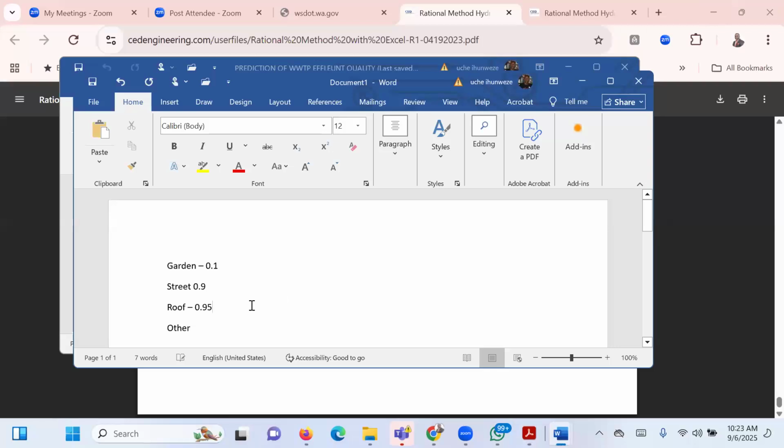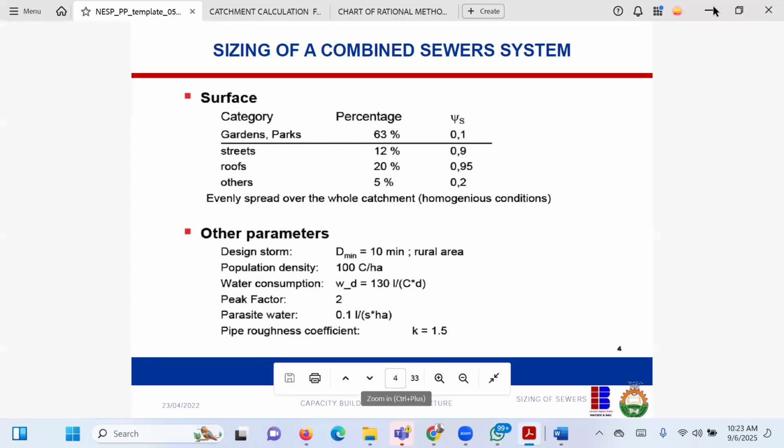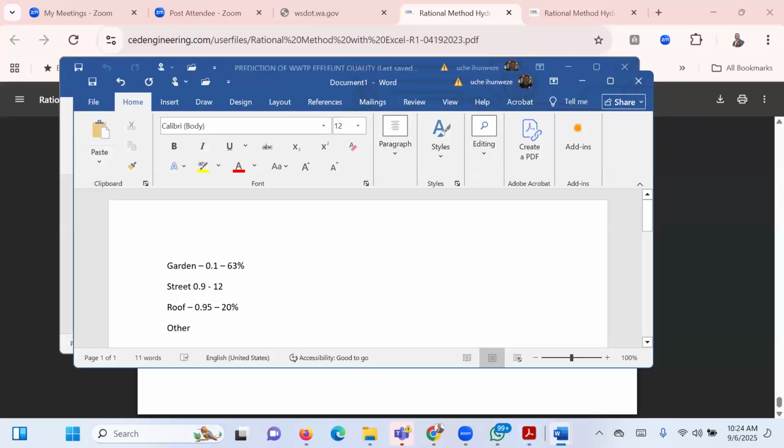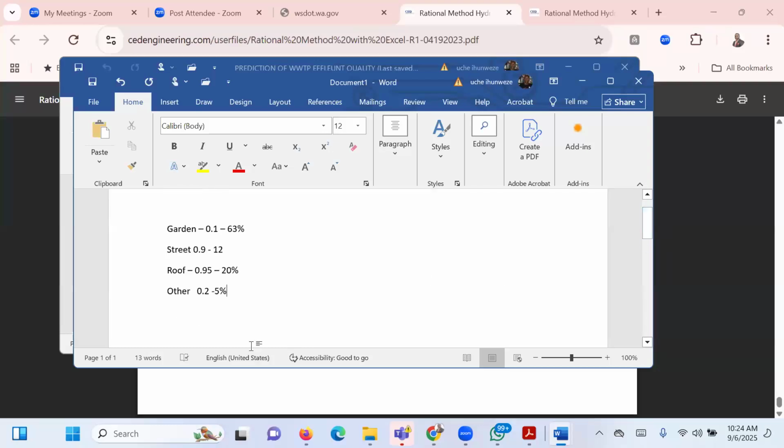Okay, and roof is 20%. This is going to take our time, but I think it's the learning curve. Street still 12%, and 63% is the gardens, and the others is 0.2, and that's 5%.